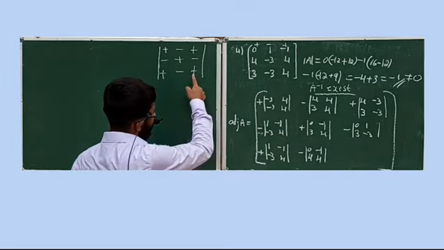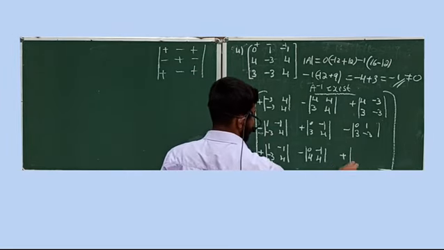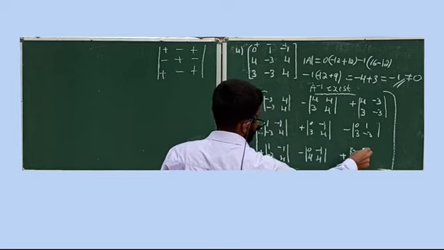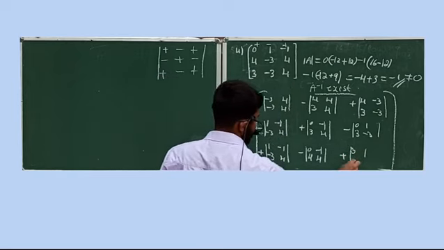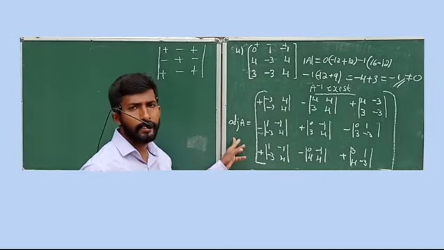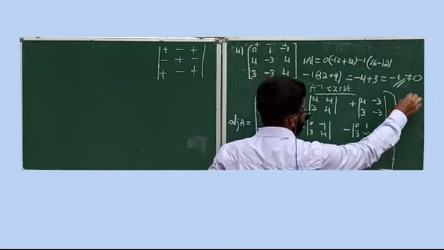Okay, then plus, see third row and the third column, 0, 1, 4, minus 3. Okay, then see you are calculating adjoint of A, here transpose is there.